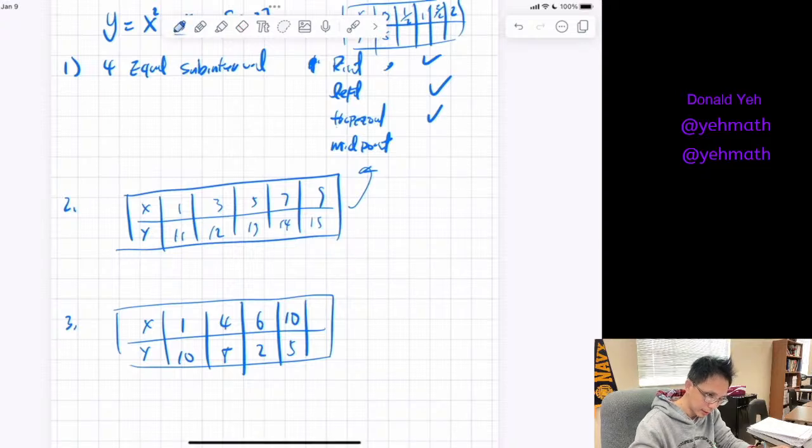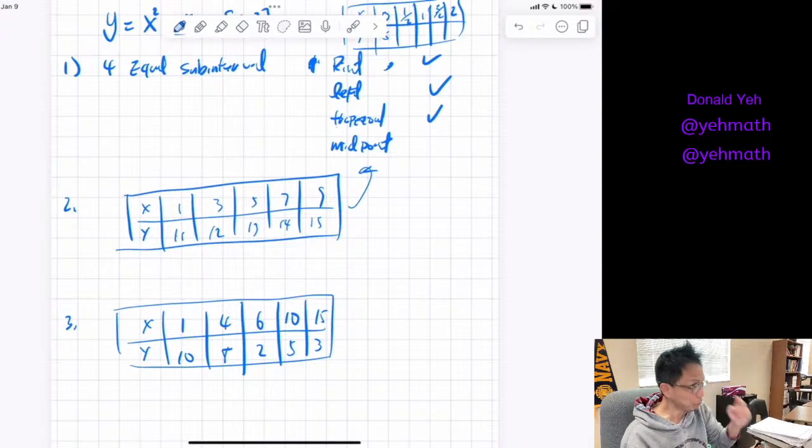Sorry, this is a 15. I can ask you right, left, trapezoid. I cannot ask you which one? I can ask you right or left. I can ask you trapezoid, but I cannot ask you what? Midpoint.